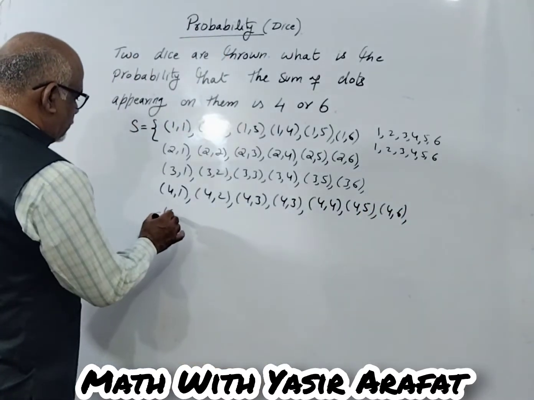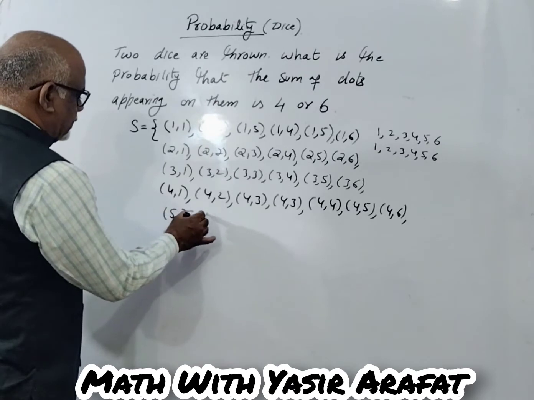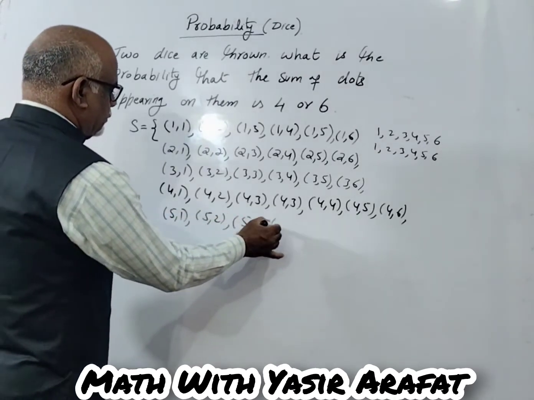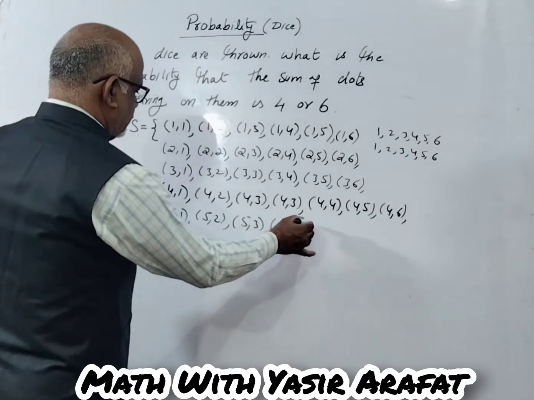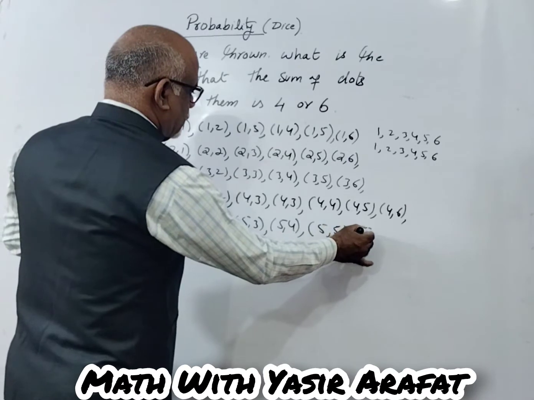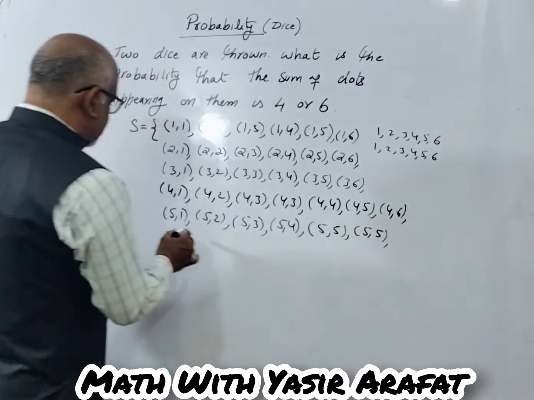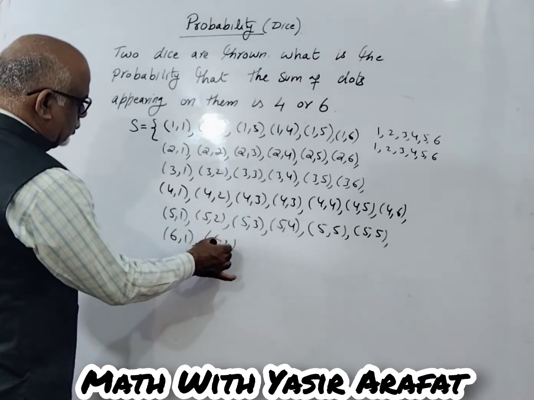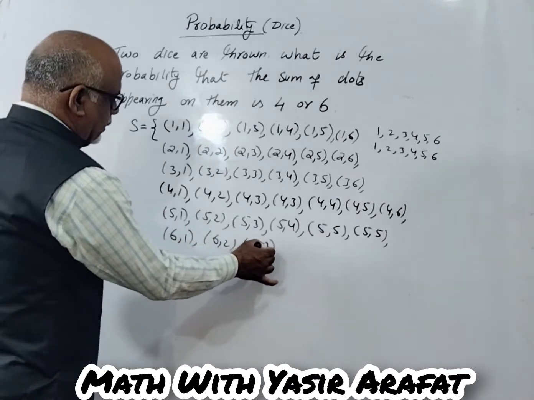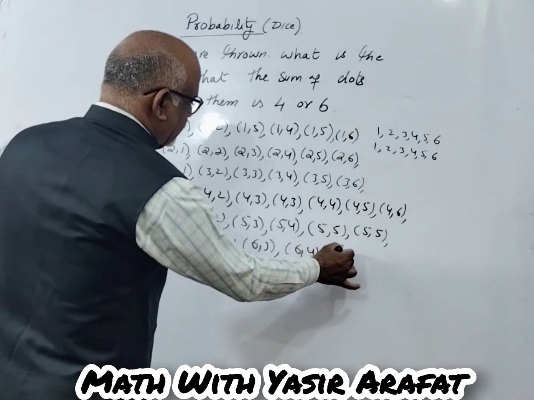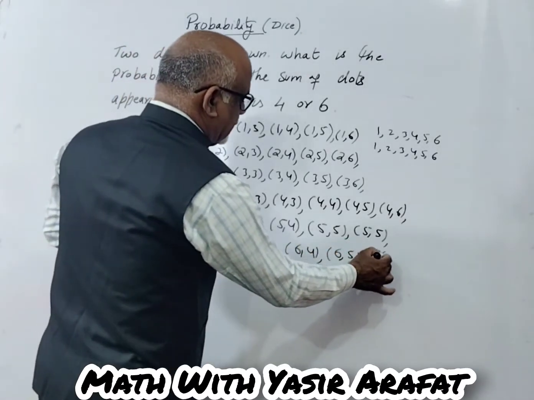Now 5, 1 till 5, 6. Now 6, 1, 6, 2, 6, 3, 6, 4, 6, 5 and 6, 6.